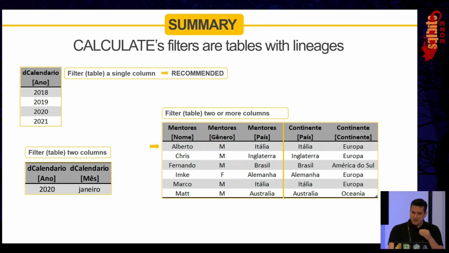So the filters here are: the name has to be Alberto, and the gender male, and the country Italy, and the country Italy not only for the fact table, but now for the dimension table, and continent Europe. There's a logical AND between the things within the same row, and for each other row, it's OR logic. This is very expensive, especially if you put a fact table in your CALCULATE filter. So use the best practice and filter one column at a time.